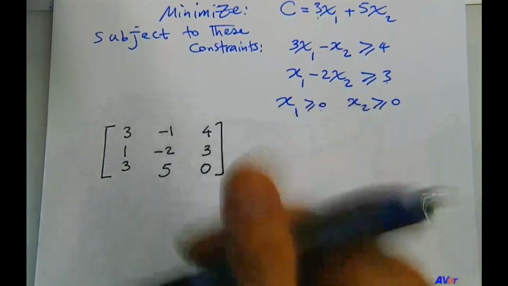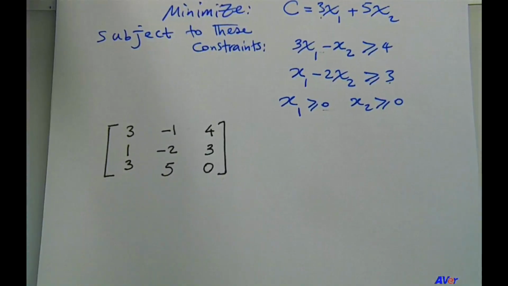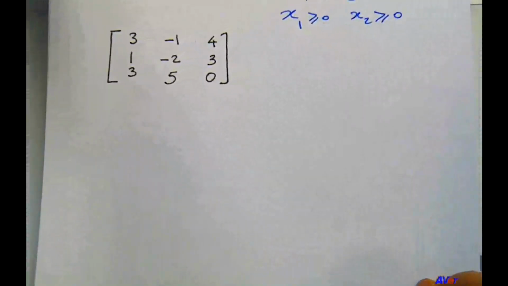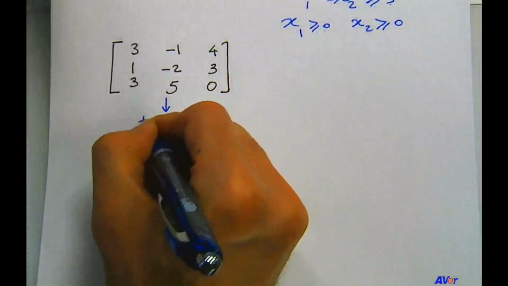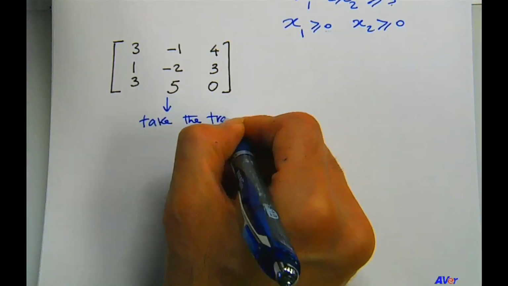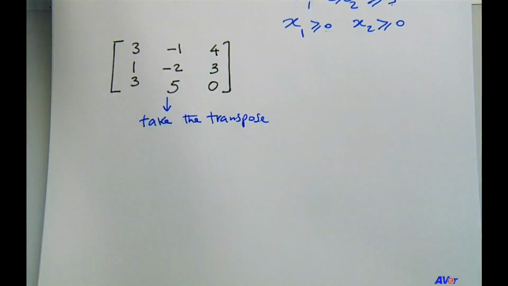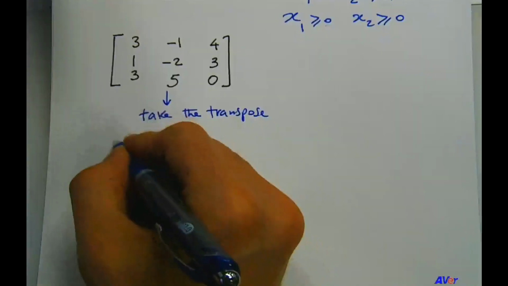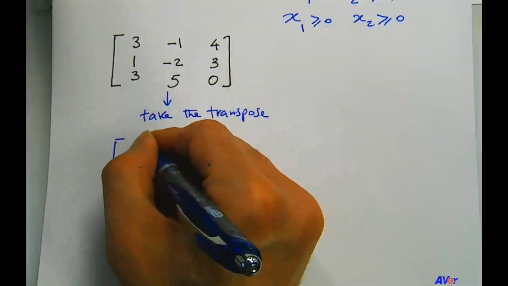We need to take the transpose of this in the minimum problem. And we will have the first row becomes the first column, right?